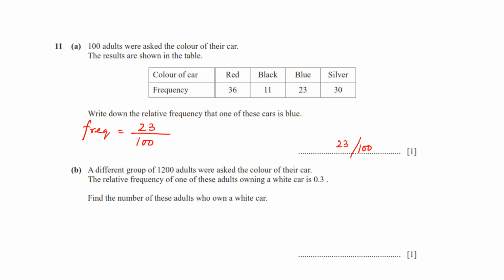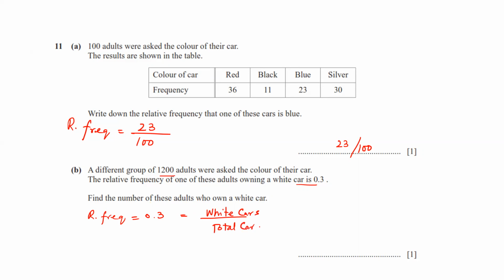Then part B, a different group of 1200 adults were asked the color of their car. The relative frequency of one of these adults owning a white car is 0.3. Find the number of adults who own a white car. So relative frequency is 0.3, and this is equal to white cars divided by total cars.